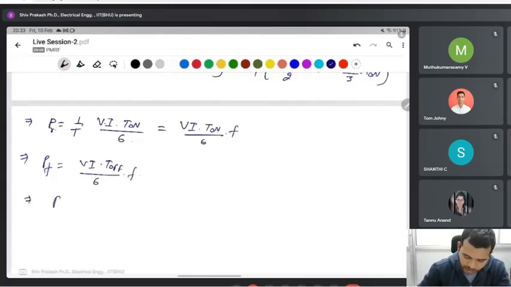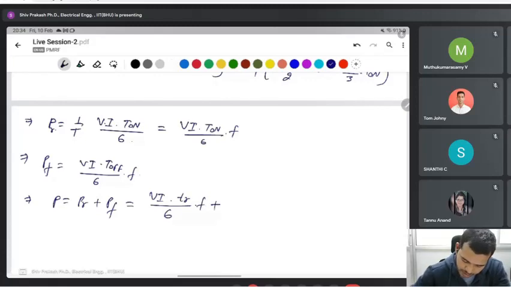Total power is PR plus PF. T on is TR, so V I TR divided by 6 into F, plus V I into TF into F divided by 6.